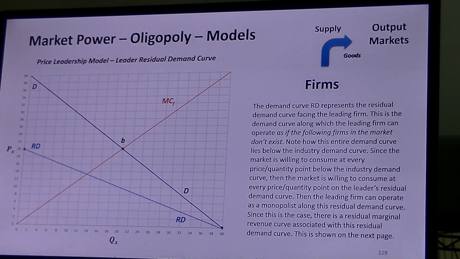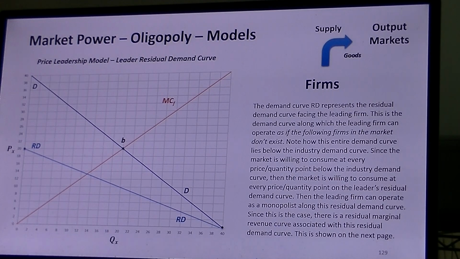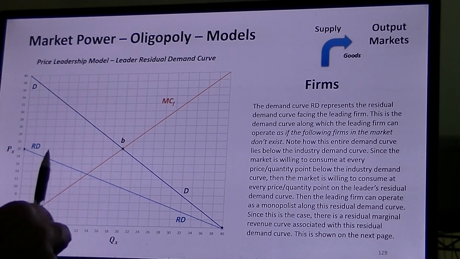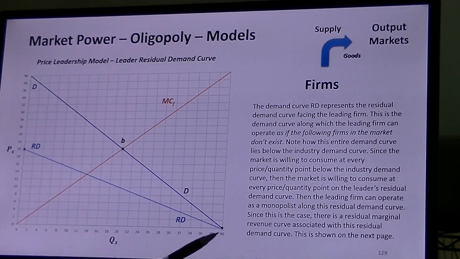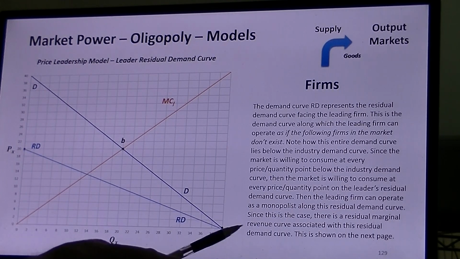It can act as a monopolist over that demand curve, so it can set its price. And notice how this residual demand curve lies below the market demand curve.